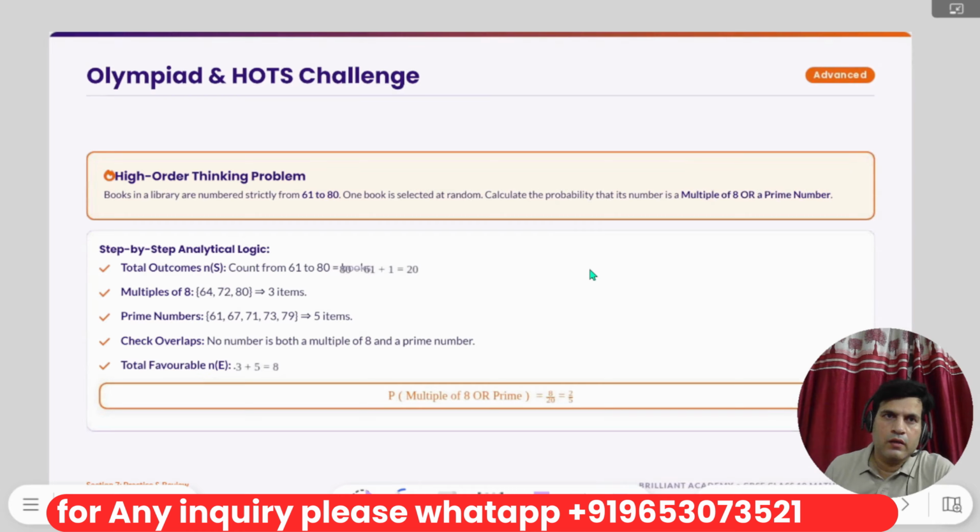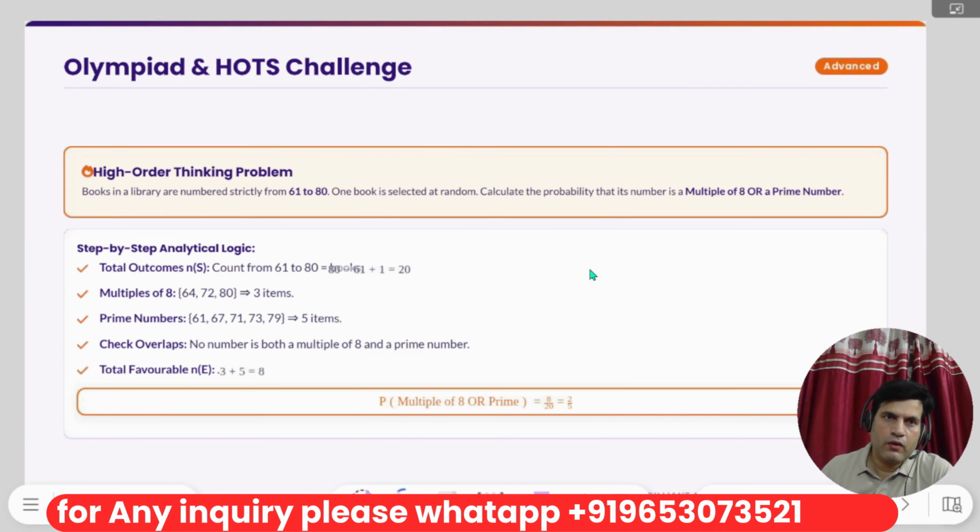Olympiad and higher-order thinking problems: books in a library are numbered strictly from 61 to 80. One book is selected at random. Calculate the probability that the number is a multiple of 8 or a prime number. Step by step, counting from 61 to 80, we have a total of 20. Multiples of 8 are 64, 72 and 80, that is 3.